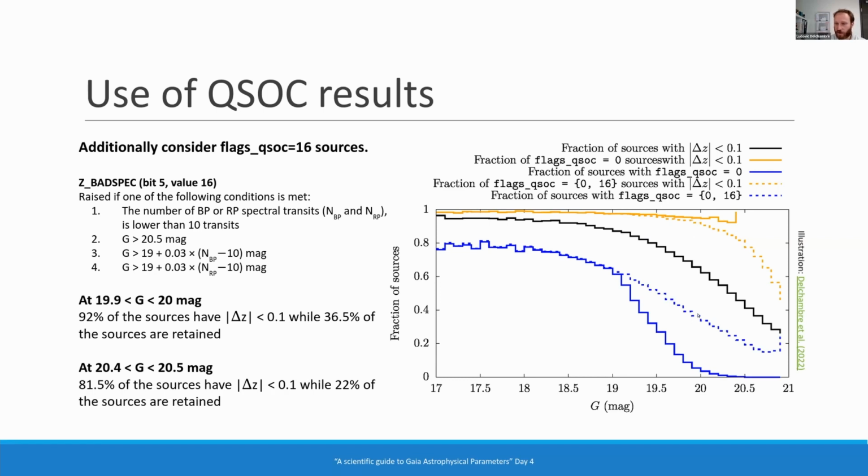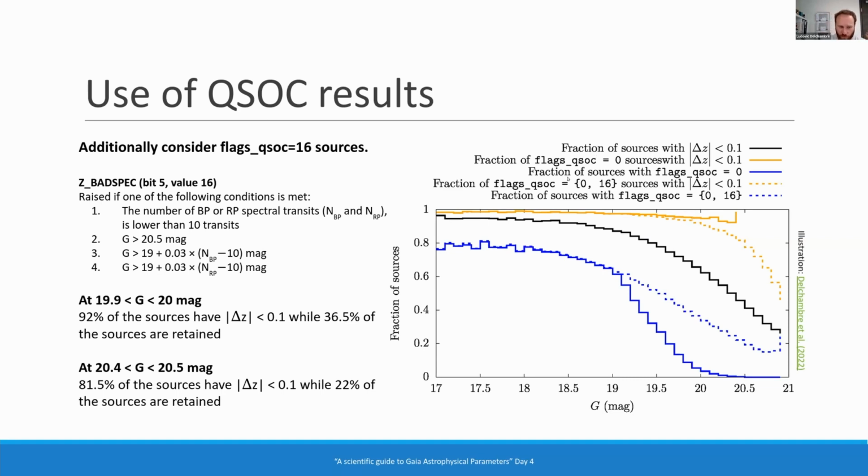And this concerns now not 5% of the sources, but 36% of the sources, which is much better. We have many more sources and still have a very good prediction.